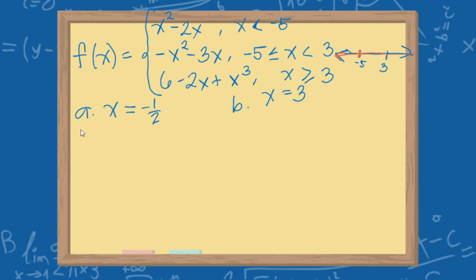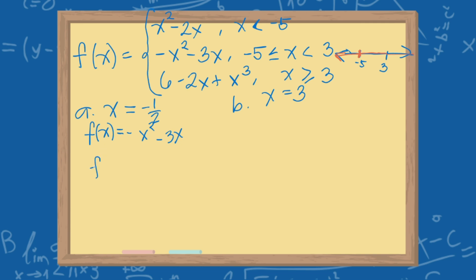So, f of x is equal to negative x squared minus 3x. Now again, we need to substitute or replace all the x in your identified function.